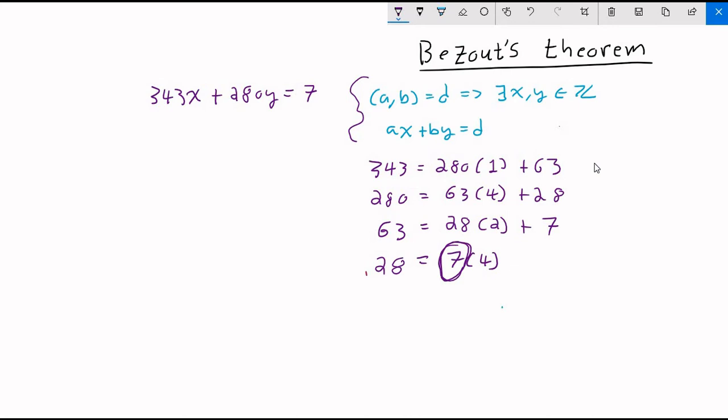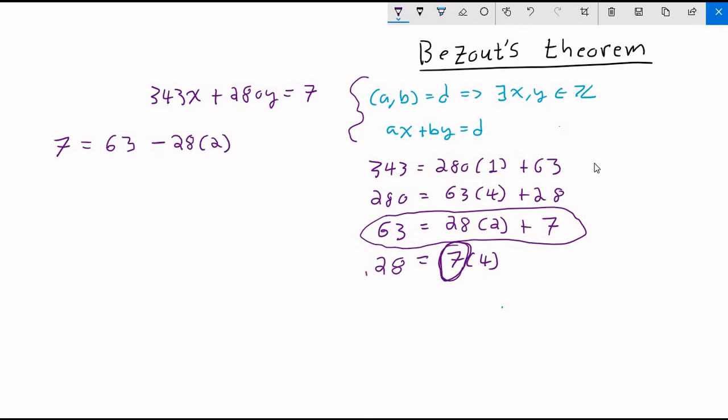So what we're going to do is the exact same steps as the proof, but maybe this will give you a better intuition because we'll actually be working through the steps and not these abstract symbols. So we start with this second last equation. And 7 is the GCD, so we want that isolated on one side. So we know that 7 is equal to 63 subtract 28 multiplied by 2.